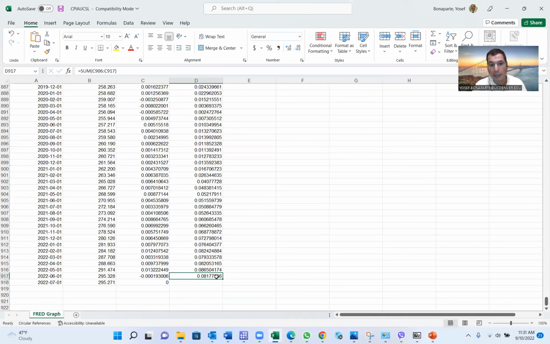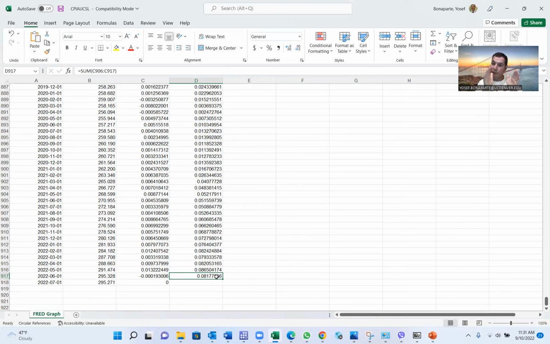Now the question: how many months do we need when we do the estimation regression? 12 months, 24, 36? How many years? Well, the answer is simple. The longer the sample, the more weight you give to the past and the less weight to the current.